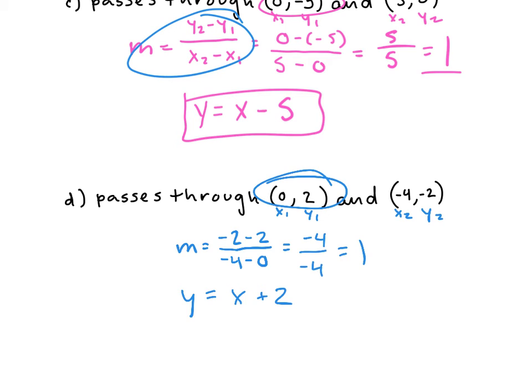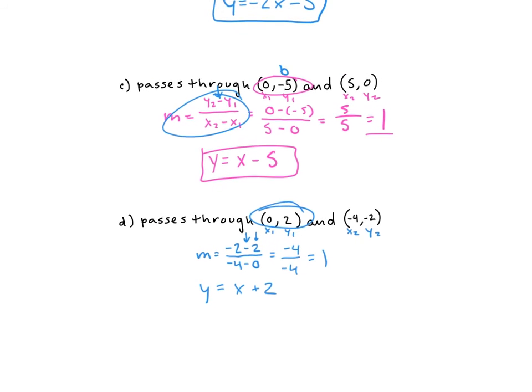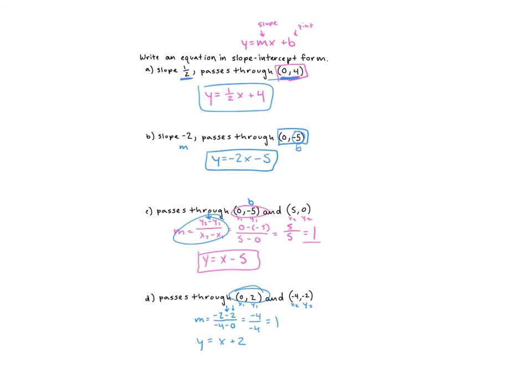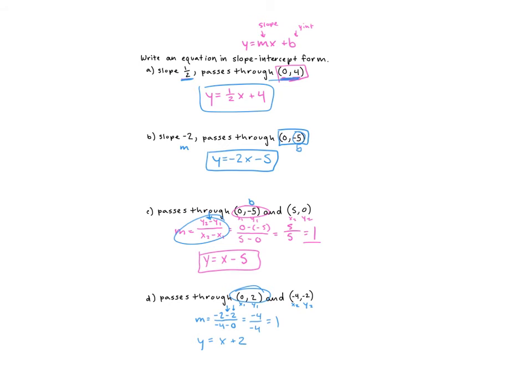Somebody at home said that it was a positive 2, but our equation has a minus in the middle, so that's why it's minus positive 2. All right, any other questions on this page? You will have a question on the quiz that looks like this, and you will have one that looks like this where you have to find the slope.